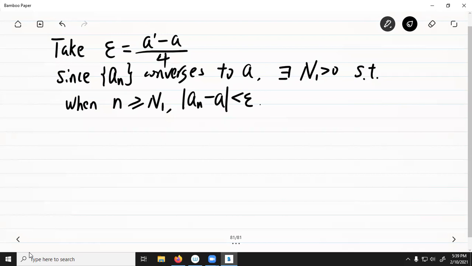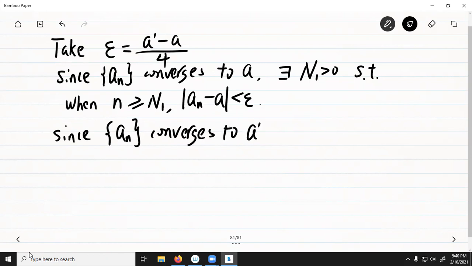So now let's look at it, because it converges to another point, right? Since the sequence a sub n converges to A prime, what does this mean?